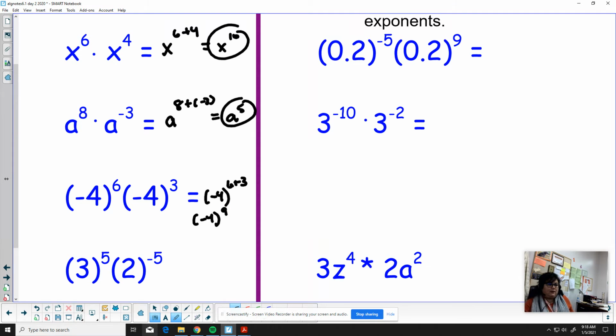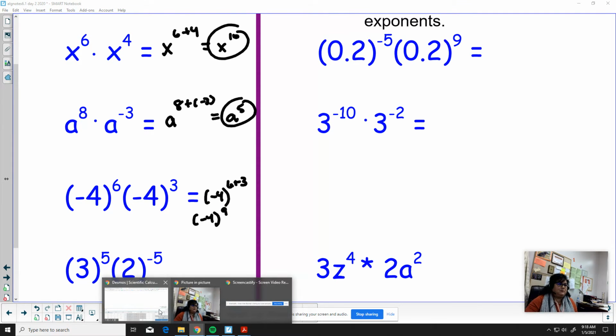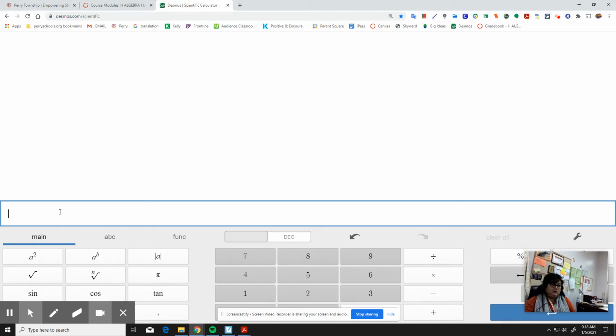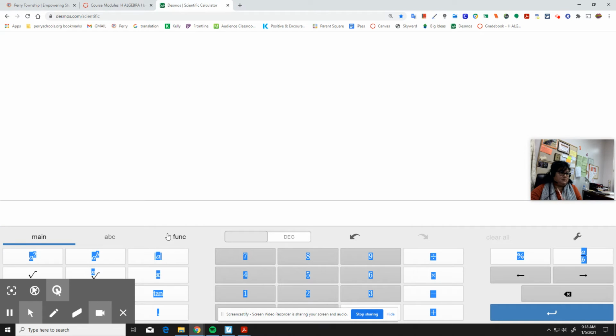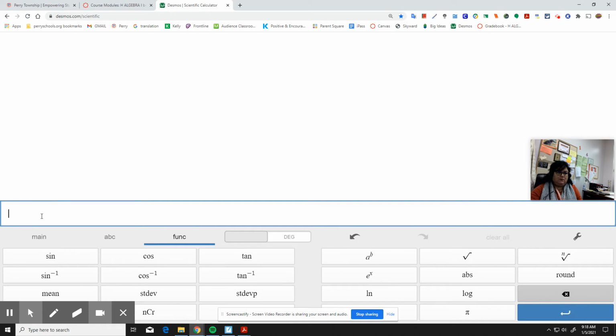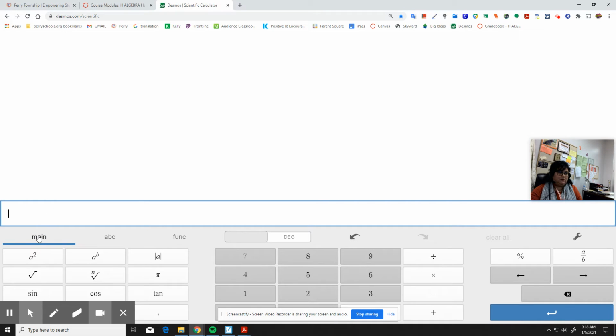I don't know what that is, so let's look at Desmos again. You have to use parentheses. Let's try it without the parentheses.